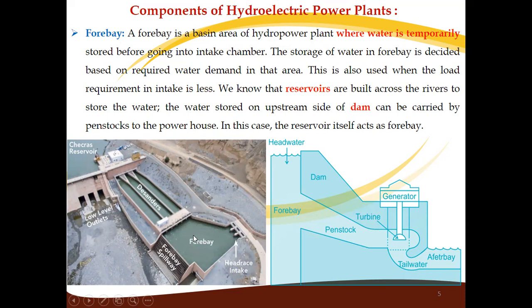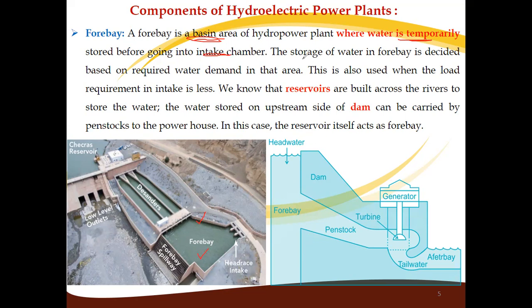Before the water goes to the intake structure or intake chamber, and after that to the penstock, it is stored in the forebay. From the intake chamber we pass this water to the surge tank.